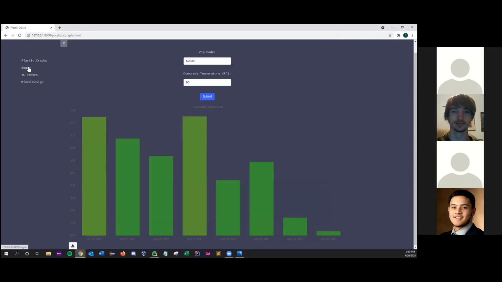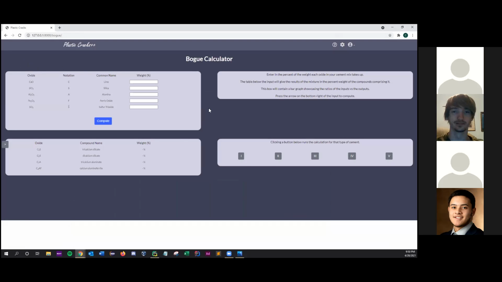Next, we'll go over the Bogue calculator. So as was said before, we have a set of equations that takes an input and gives an output for the initial ingredients for the compounds that it creates. For our example, we'll do 65, 20, 5, 3, and 3.